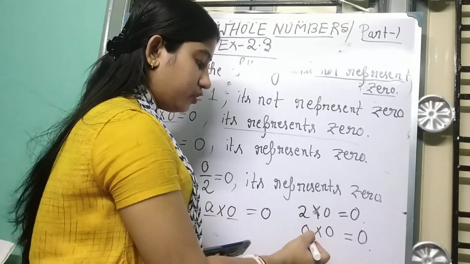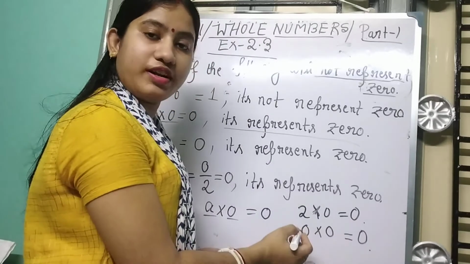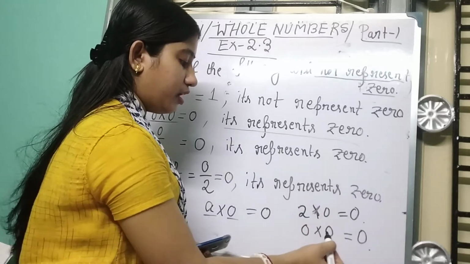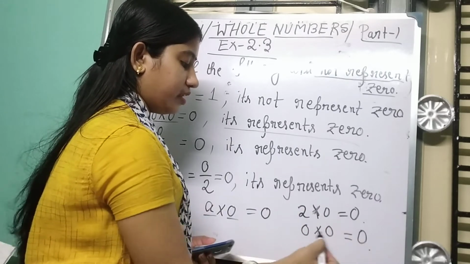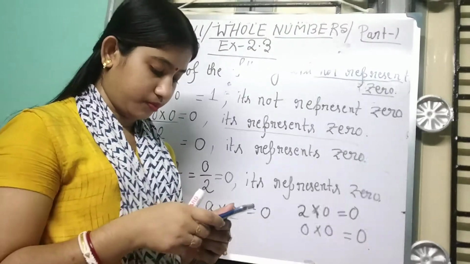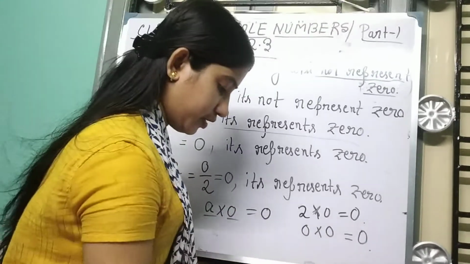And here, 0 is the smallest whole number, so we multiply 0 by 0. That means the product of two whole numbers is 0. This is number 2.